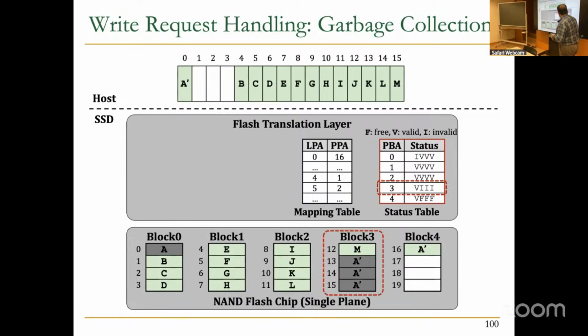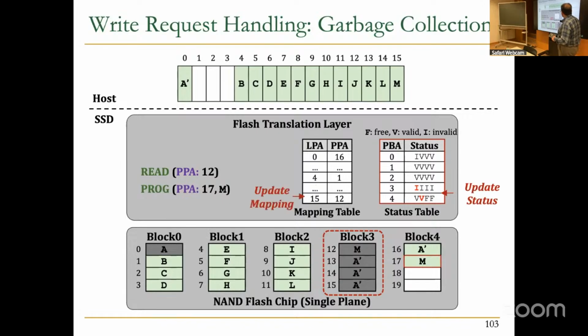I need to essentially read the valid page, which is at address 12, and then program it somewhere else to make this one invalid. And then I need to also update this status table and also update the mapping.